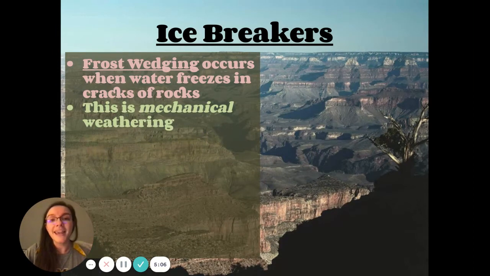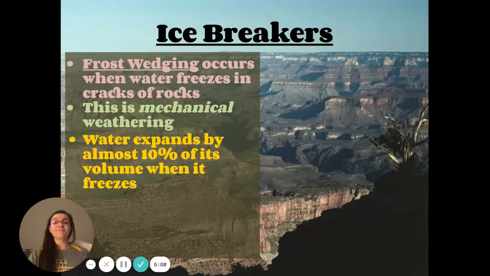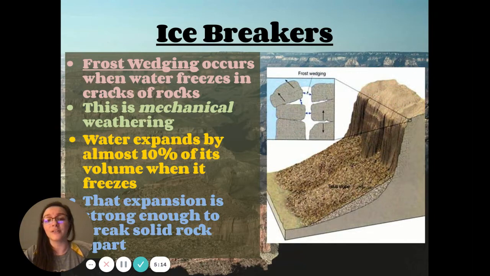This is a kind of mechanical weathering. Water expands when it freezes. Water gets bigger when it freezes by about 10% of its volume. That expansion is strong enough to break apart solid rock or bridges or whatever if you aren't prepared for it.